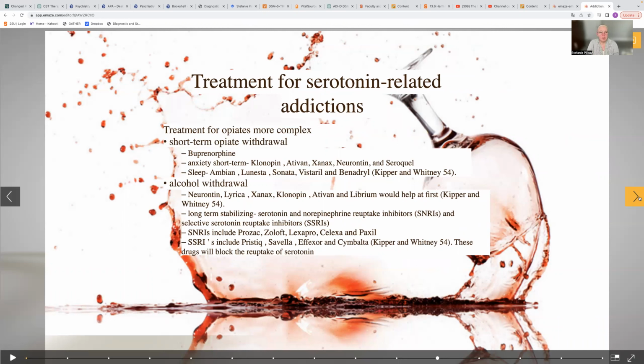Important to note when thinking about addiction treatment, it breaks down into two categories, right? We have abstinence focused, we have harm reduction focused. Neither of them really look at long-term treatment.